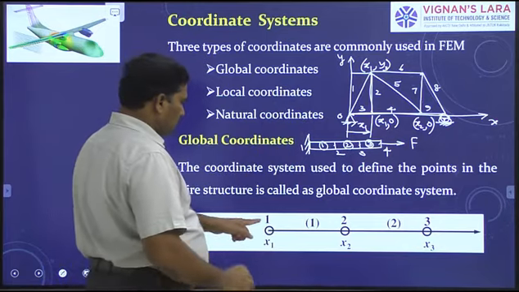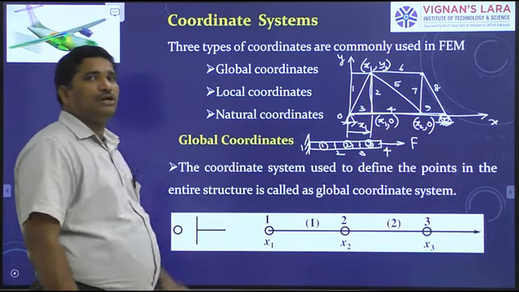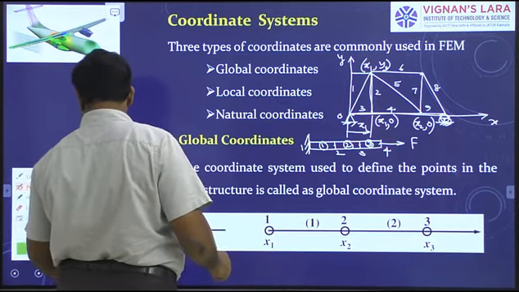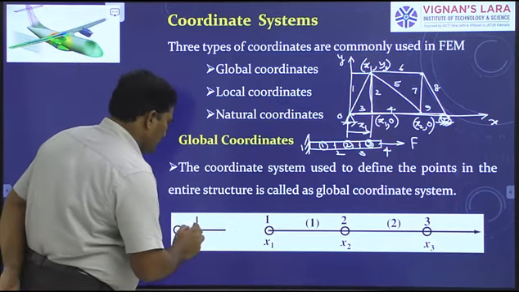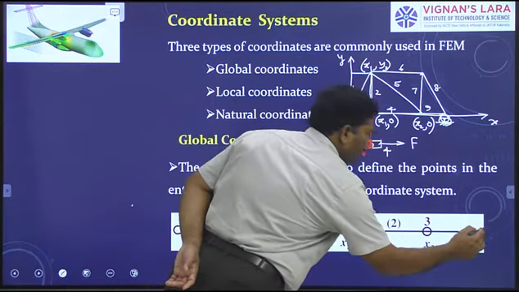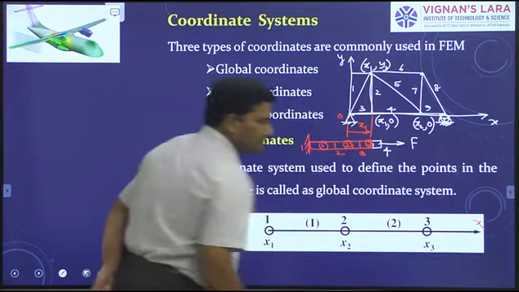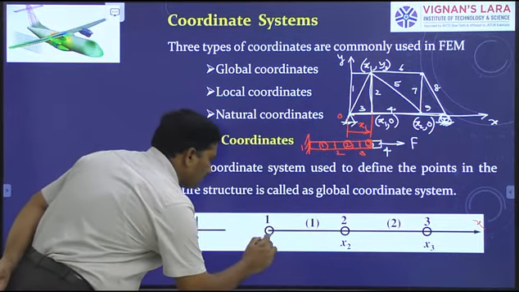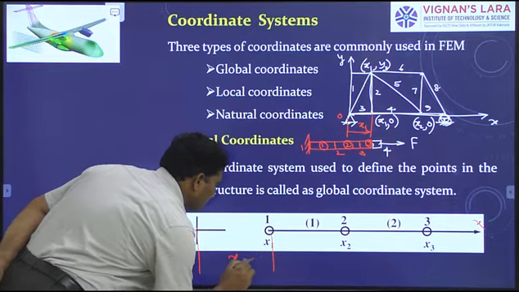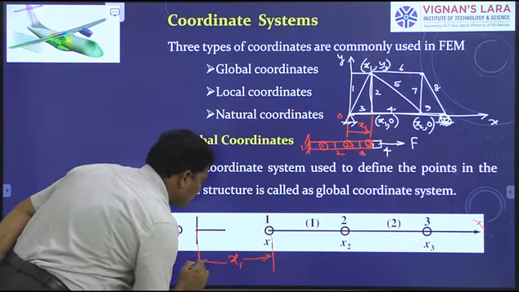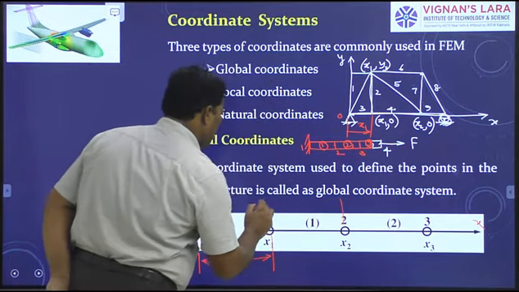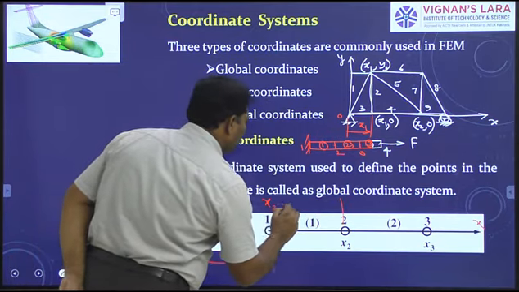Now, to specify node 1, you want only one coordinate, that is x1. This is the coordinate origin. This is the direction of the x-axis. To specify point 1, you want the coordinate x1. To specify point 2, you want the coordinate x2.